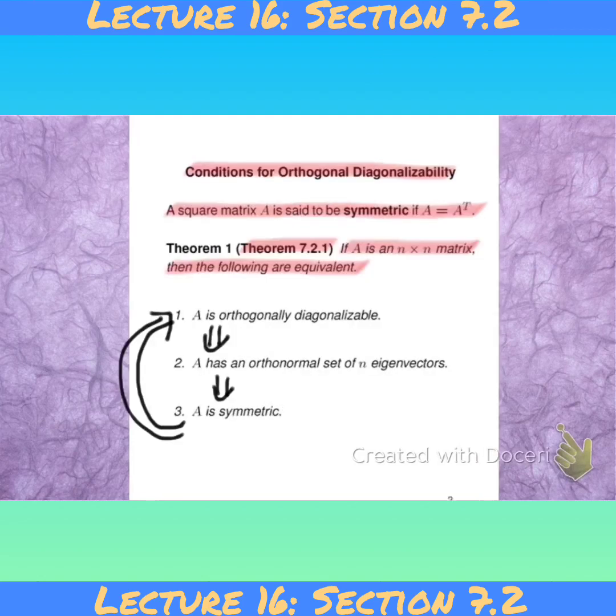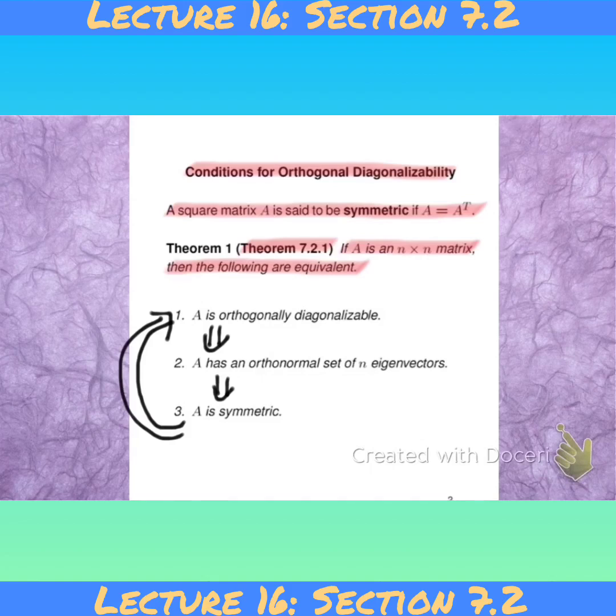A matrix being symmetric is equivalent to it being orthogonally diagonalizable, and that's equivalent to A having an orthonormal set of n eigenvectors. So we need to construct a set of n eigenvectors, and we need to make sure that they are orthonormal. We already know how to construct an orthonormal basis.